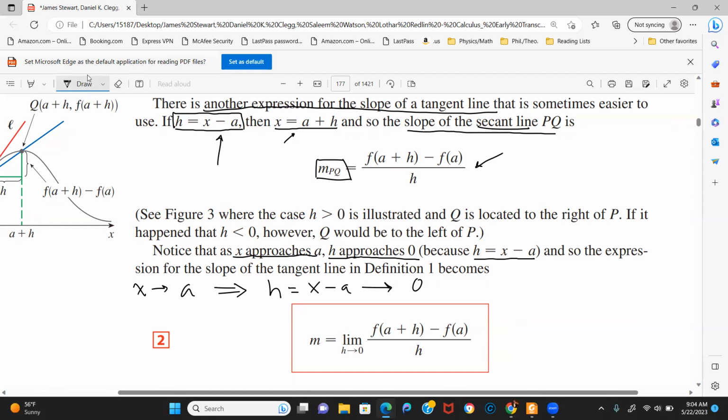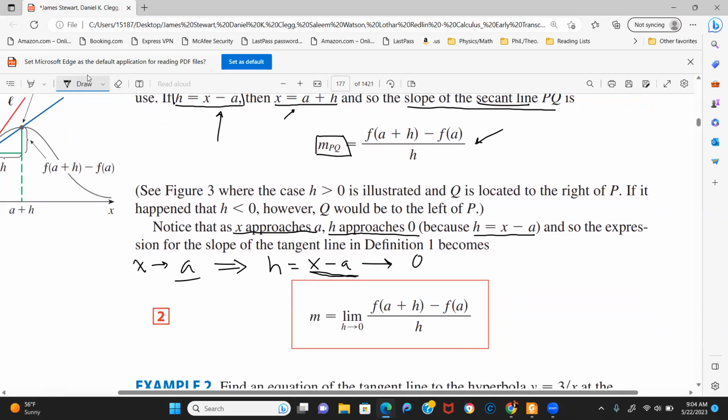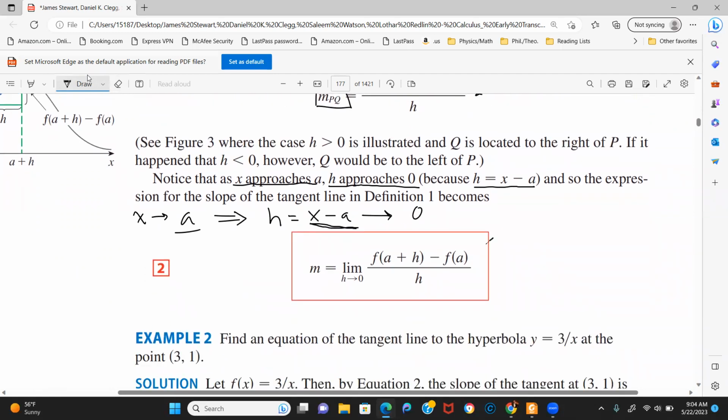Because if x is approaching a, then the difference should approach 0. In other words, x is getting really close to a, so their difference should be getting close to 0. So h is going to 0. So this is another way of reformulating that definition of the slope of a tangent line.